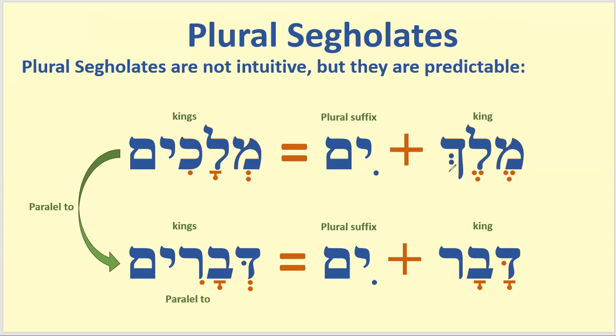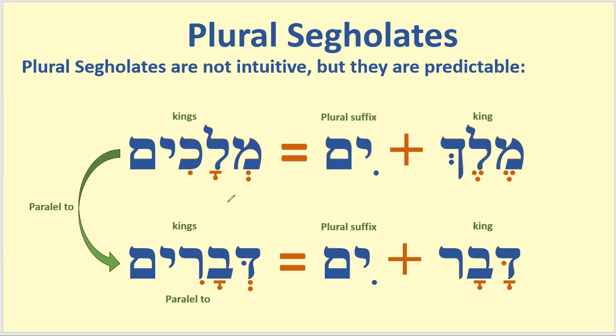Look, if you take the word melech and you add the plural suffix im, it should become melechim, or from what we've learned, maybe it should actually become malchim or something like that. I'm so sorry. It actually does something totally different. We get a shva at the front, kamatz under the second letter, melachim. Well, that's weird. Why would Hebrew do that?